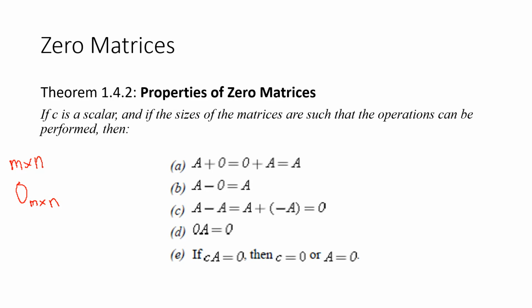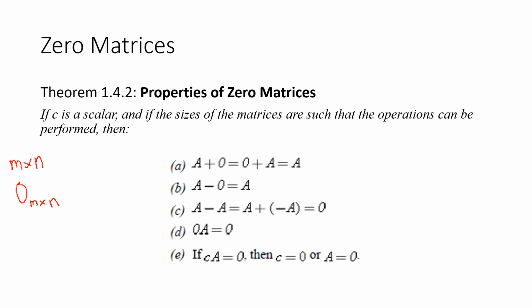It should be evident that if matrix A and 0 are matrices with the same size, then A plus 0 is equal to 0 plus A, which is equal to A. So 0 plays the same role in this matrix equation as the number 0 in a numerical equation.